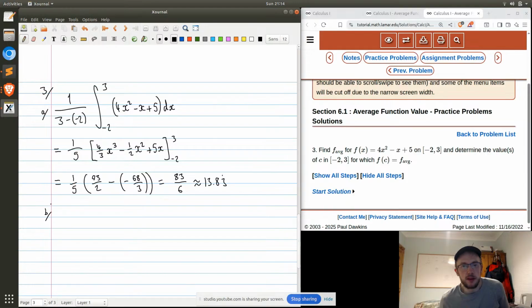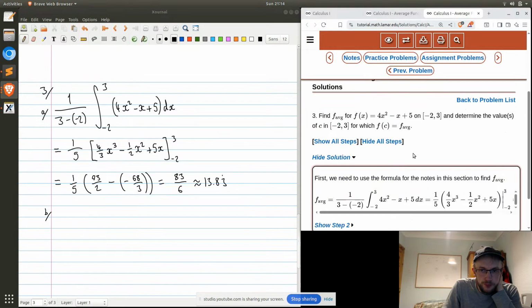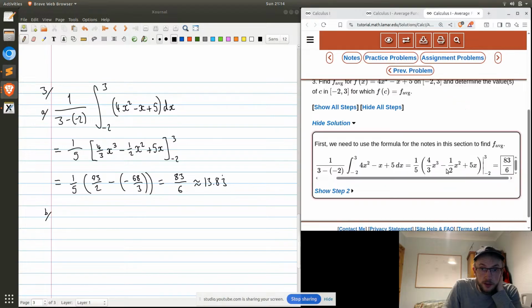My part B is to determine the value of C, that interval for which f of C is equal to the average value. Okay. That hinges upon the average value being correct. Oh, thank goodness.